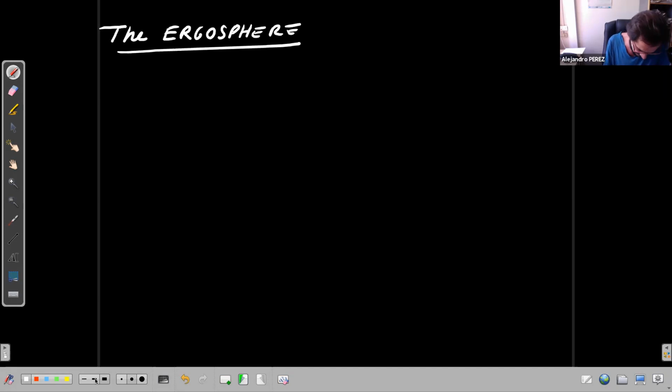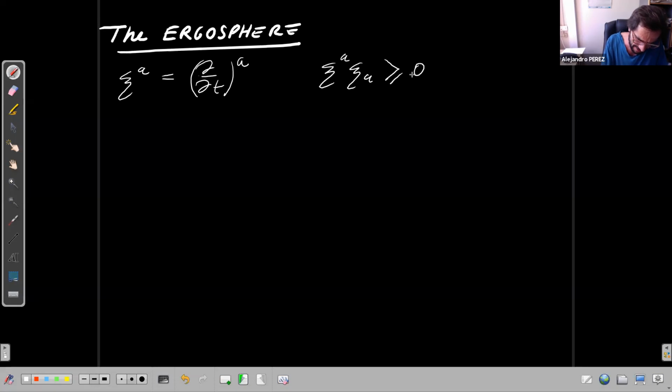Which is defined by the region where the Killing field psi^a, remember psi^a is a stationarity Killing field, which is d/dt in the coordinates we're using, is a region outside the horizon where psi^a becomes space-like. So that's the same thing as g_tt being greater or equal to 0.